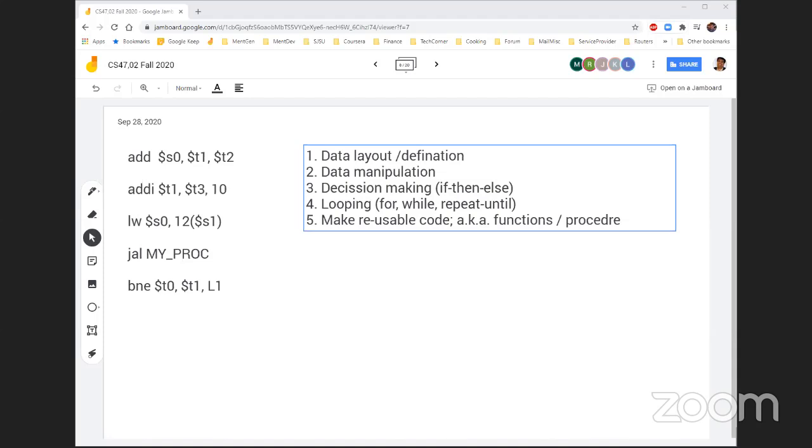Absolutely not, and that's not the target for this class. Remember, we are going in a bare minimum mode, just learning about how the hardware functions rather than writing actual code for problem solving in the real world. Exactly.